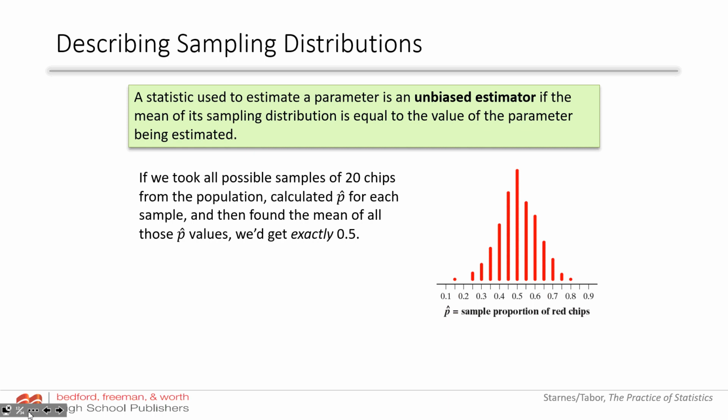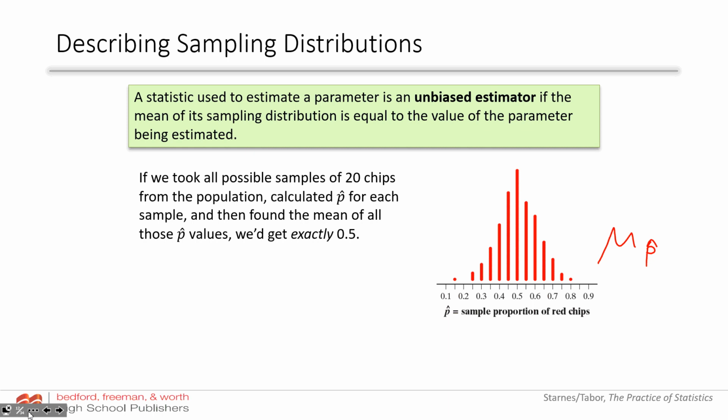So in other words, if I have a sampling distribution, this is the same sampling distribution that we were looking at before, and if I were to find the mean of the sampling distribution, the mean of all the p hats, let me rewrite that a little nicer. Notice I'm using mu because I'm saying all the p hats, so it's a population mean of all the p hats.